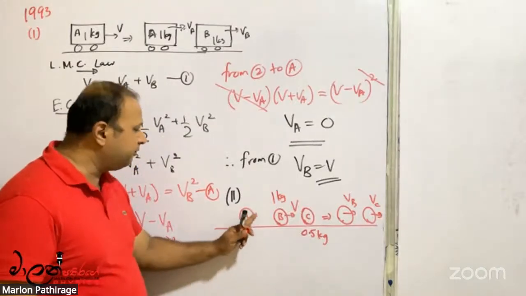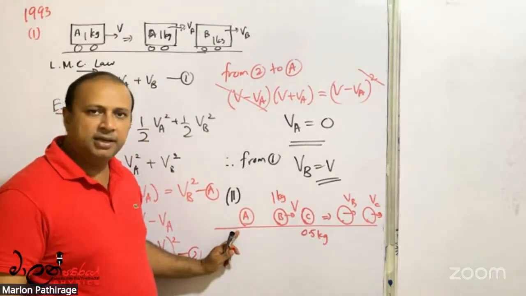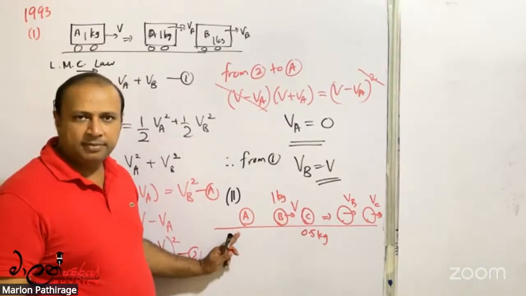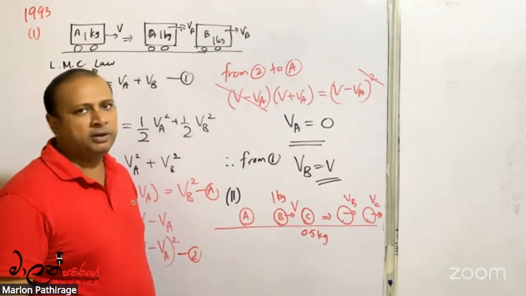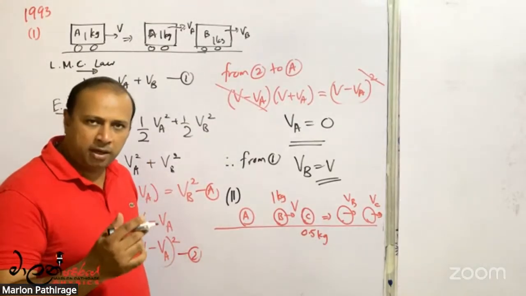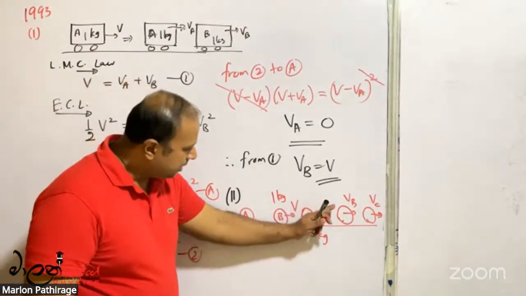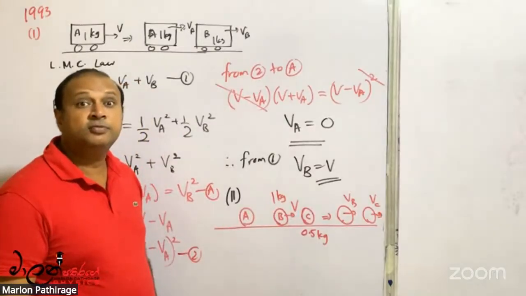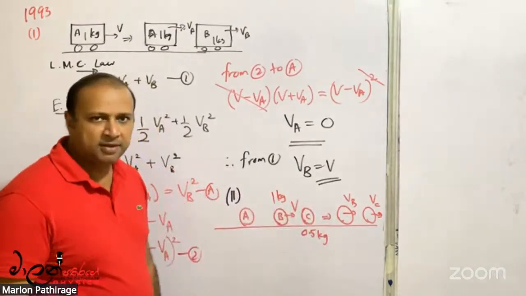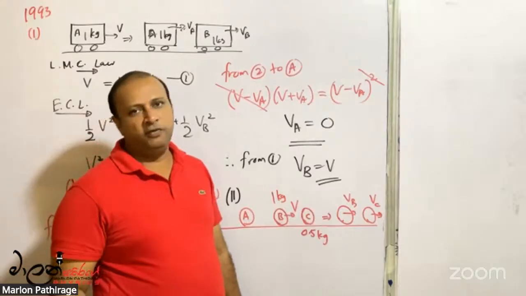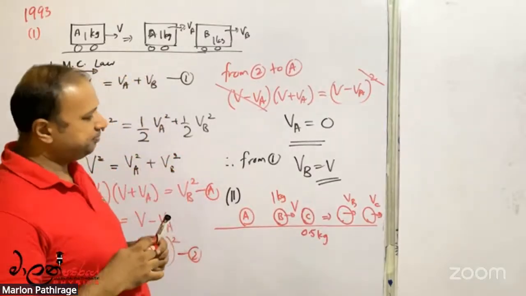Then again it will collide with A, and there will be another collision. Therefore, we have to determine the direction and magnitude of VB as well as VC.